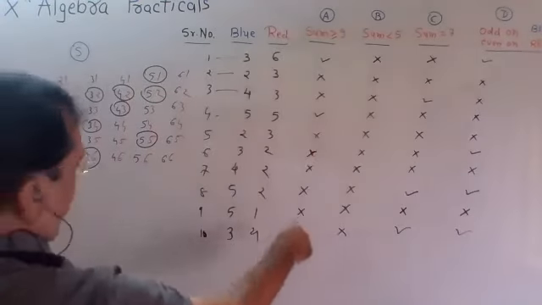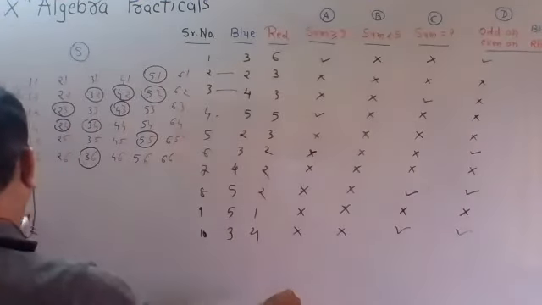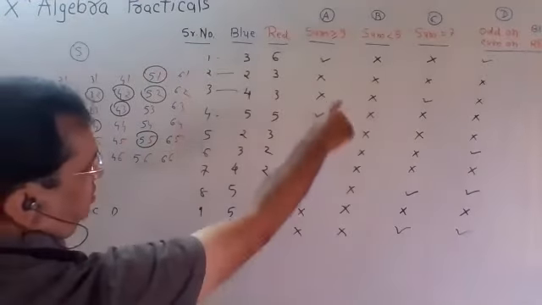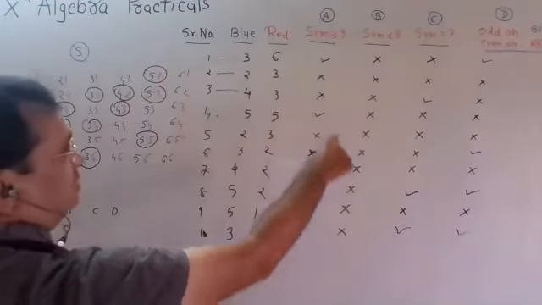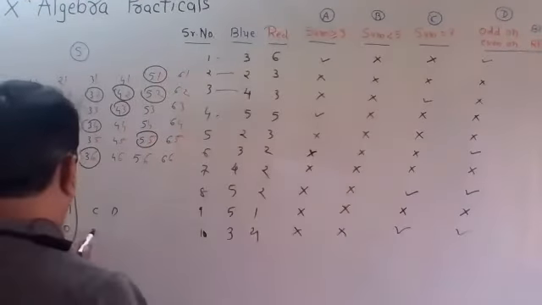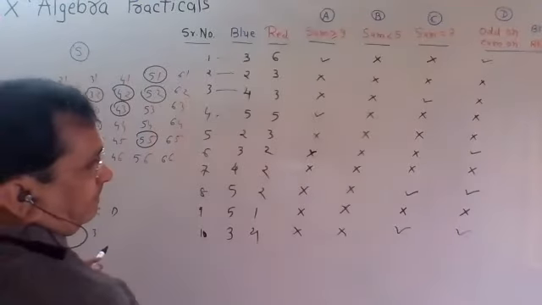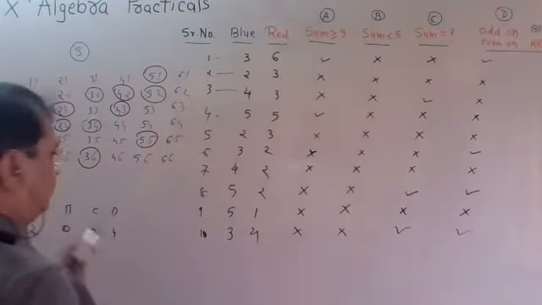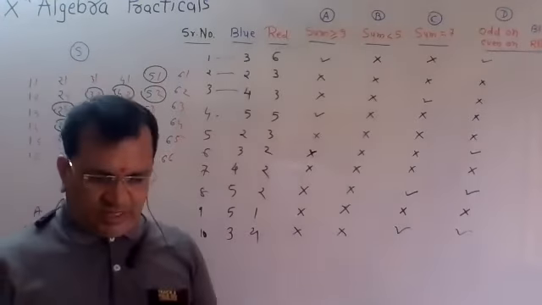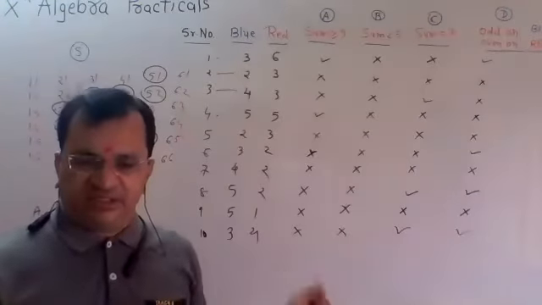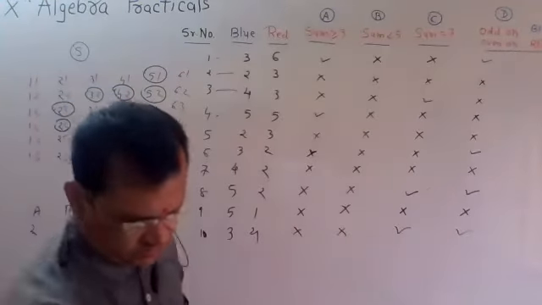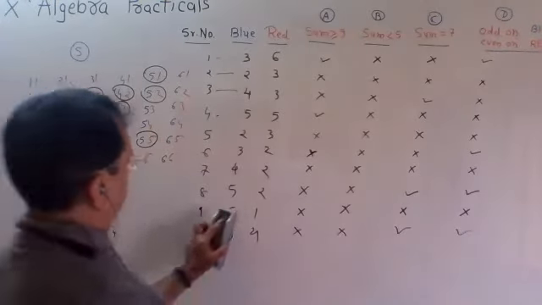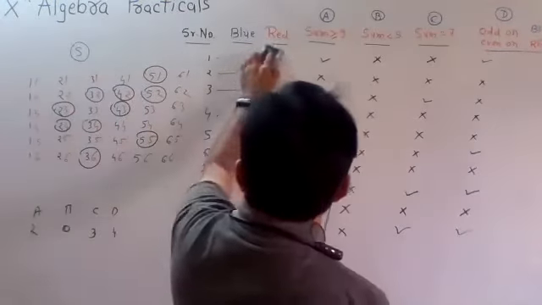Among that 1, 2, A, B, C, D. Just for this because I have to remove. Have you marked in your book, beta? Shall I rub this? Yes, sir. Okay.